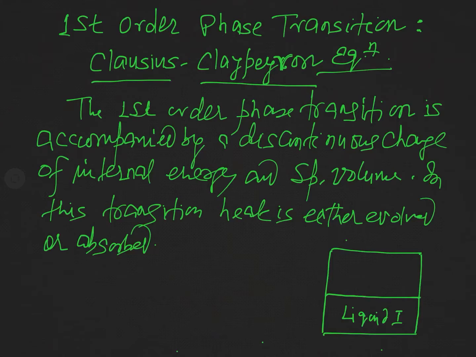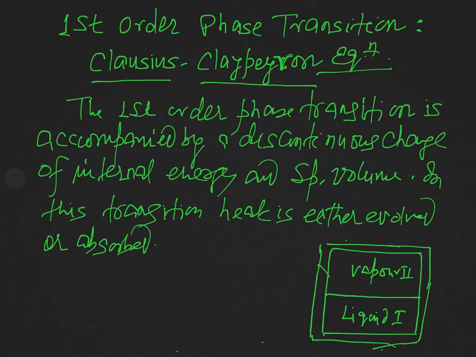Say this is the liquid state, or phase 1, and this is its vapor phase, or phase 2. Both of these phases are in equilibrium, the same condition we discussed in the previous lecture on phase equilibrium.